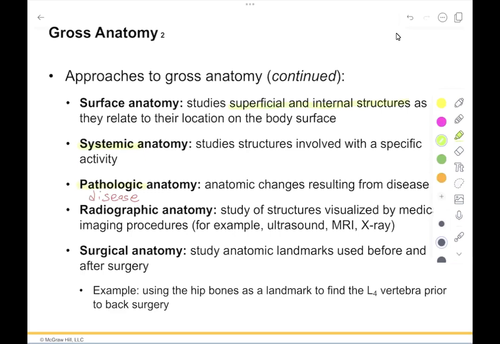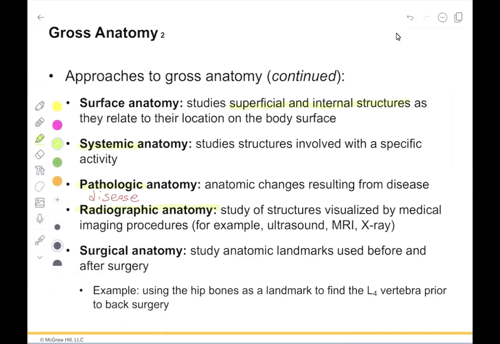Radiographic anatomy has to do with structures that are studied with the help of medical imaging processes like ultrasound, MRI, or X-ray. And lastly on this slide is surgical anatomy, the study of anatomical landmarks before and after surgery.